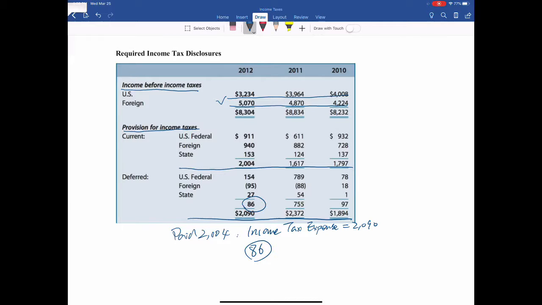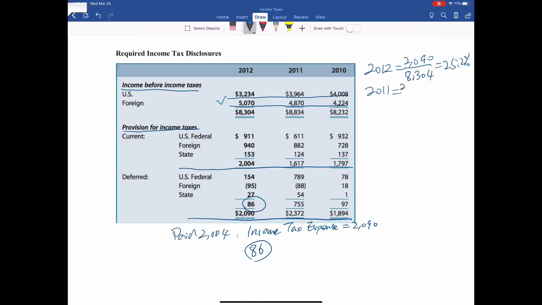So next, we can use this table to calculate the effective tax rate. In 2012, the firm's tax expense is 2,090. Income before tax is 8,304. So the tax rate is 25.2%.